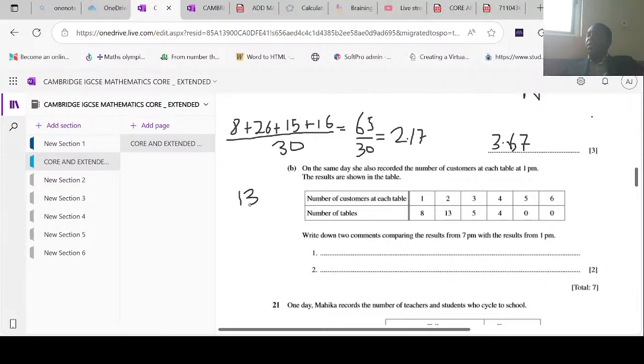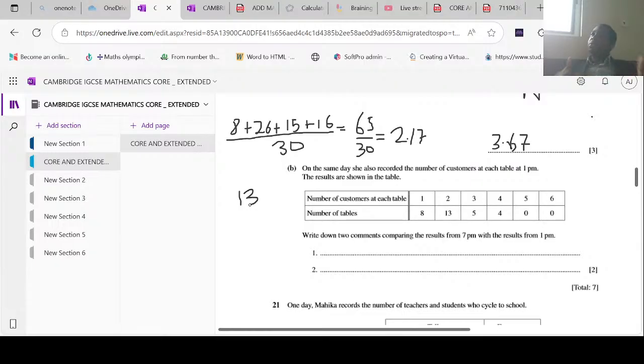Of course, now you have to look at the situation, because here there are customers, number of customers at each table, and then we now have tables. The example I gave you was in the context of student performance. This one is in a different context.